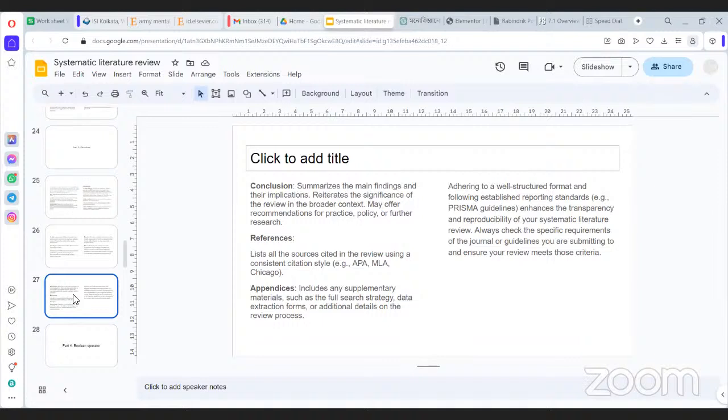Always check the specific requirements of the journal or guidelines you are submitting to, to ensure your review meets those criteria. Okay, so I have presented you the guidelines, but again, you have to follow the specific journal in which you want to submit your manuscript. Okay, there are guidelines you have to follow.